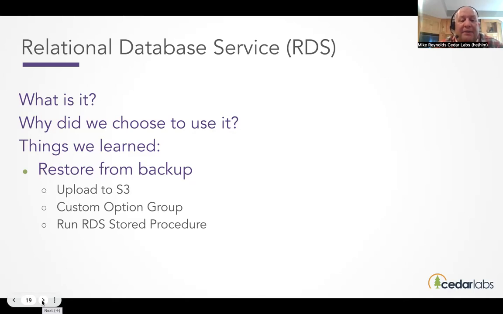You have to create a custom option group with your SQL Server database. And again, we'll be documenting what that is. It sounds a lot worse than it is. It's actually just a 5 or 10 minute task to create that custom option group. And then you simply run a restore from backup that points to that S3 file that you uploaded using that option group, and all of a sudden you have the restored backup.